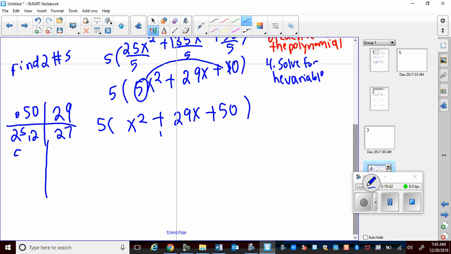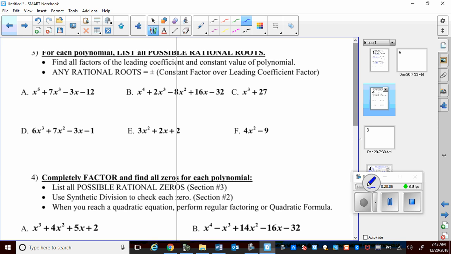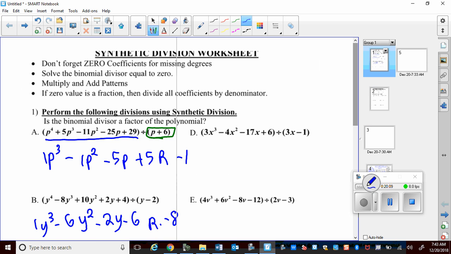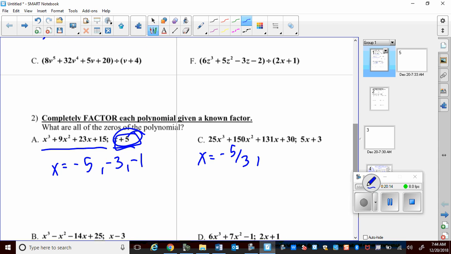I have 5 and 10, that gives me 15. And there's no other numbers. So it looks like, unless I did something wrong, my only root would be the number that I started out with, x equals negative 3/5. So not 5 thirds, x equals negative 3/5.